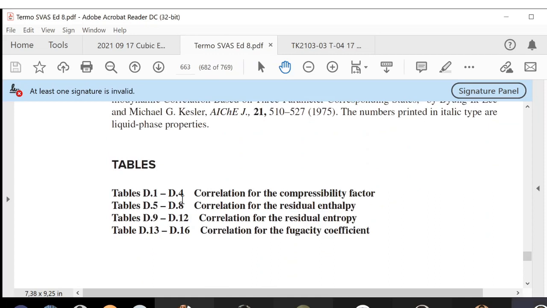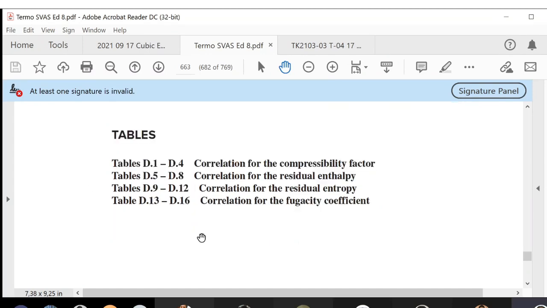There are tables D1 up to D16, but what we need to use is just the correlation for the compressibility factor. Later in the semester, we will use the residual enthalpy and the residual entropy. But today we just use D1 up to D4. To be specific, it is just D1 and D2.